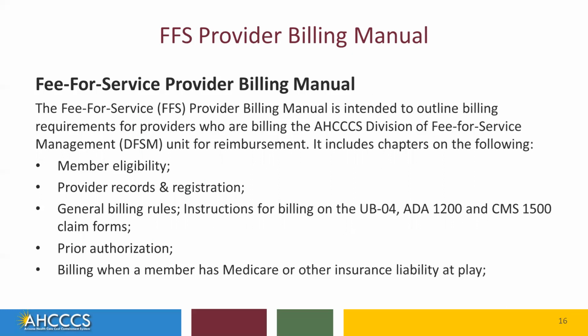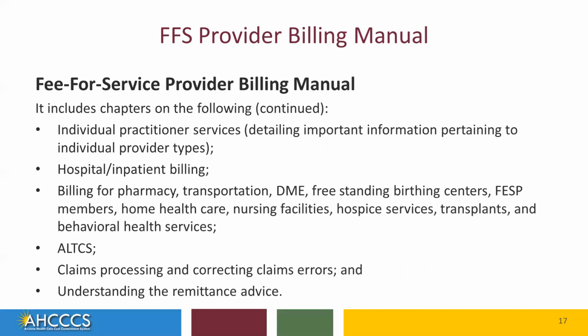It includes chapters on the following: member eligibility, provider records and registration, general billing rules, instructions for billing on the UB04, ADA 1200, and the CMS 1500 claim forms, prior authorization, and also billing when a member has Medicare or other insurance liability at play.